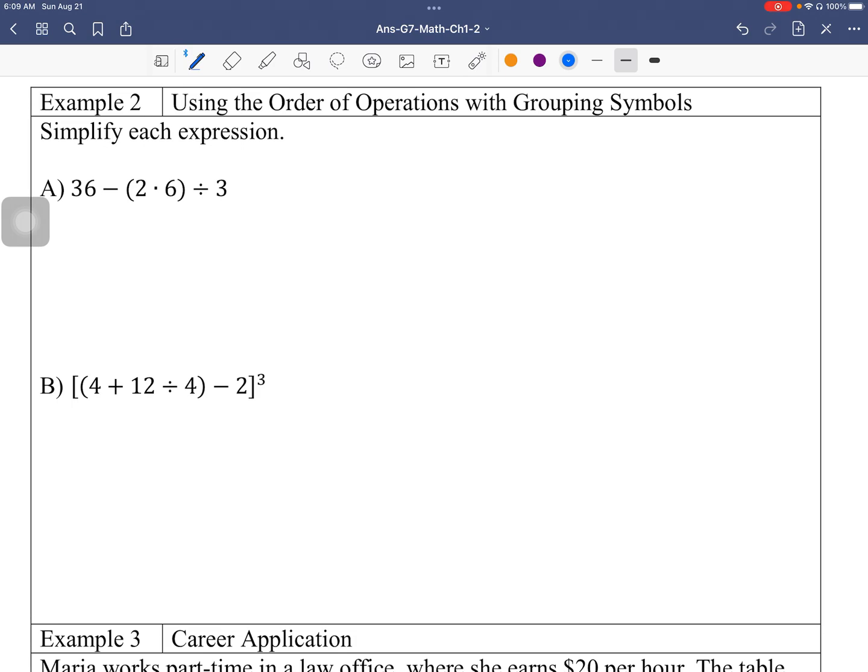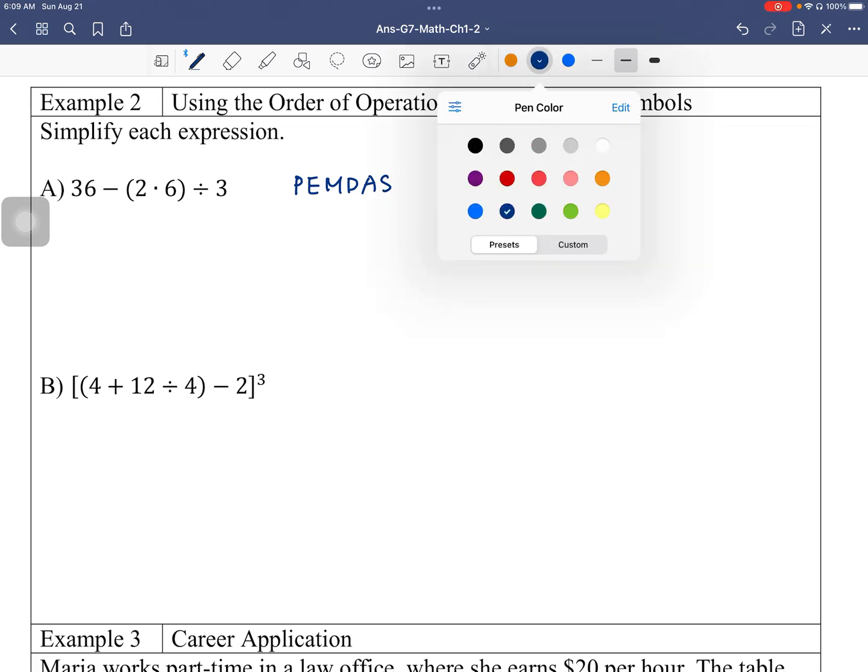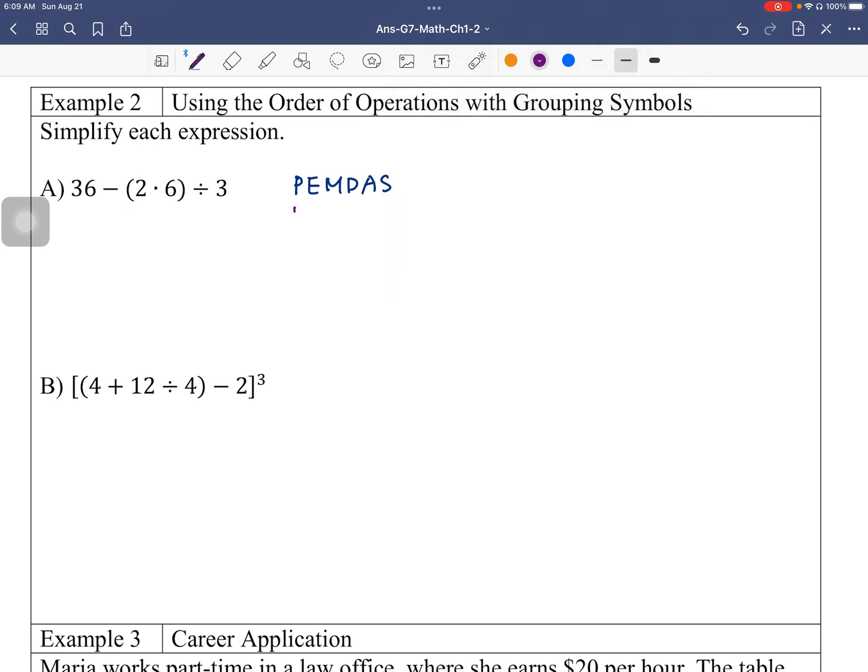Now again, this one I have grouping symbols. PEMDAS. Do I have grouping symbols? Yes. So grouping symbols need to go first. 36 minus 12 divided by 3.